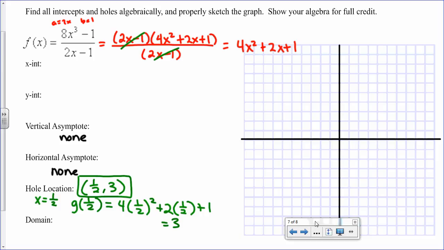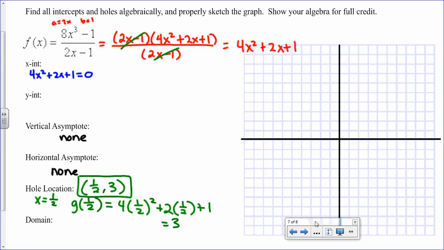We want to look at the simplified one because I've canceled out that 2x minus 1. So x-intercepts are where 4x squared plus 2x plus 1 equals 0. The 2x minus 1 canceled.